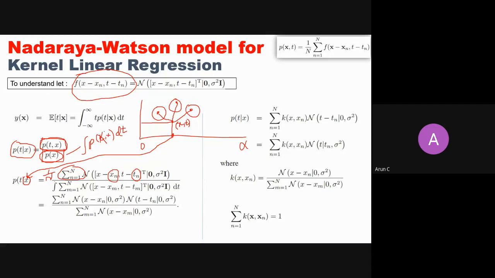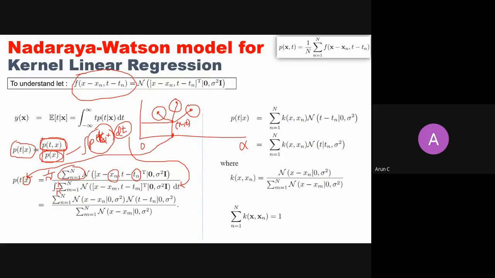But internally, what is this? This is again a joint probability, and you are marginalizing this joint probability over t. You use the joint probability formula using Parzen density estimation, the same formula. And this is again here, and you divide it by 1 by n.